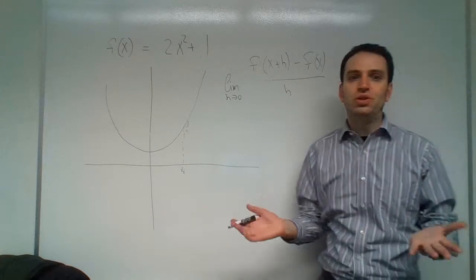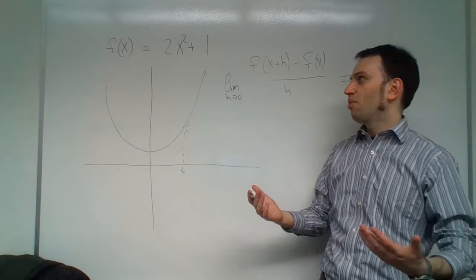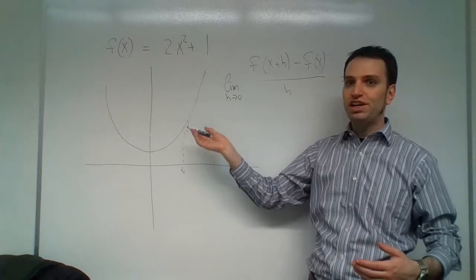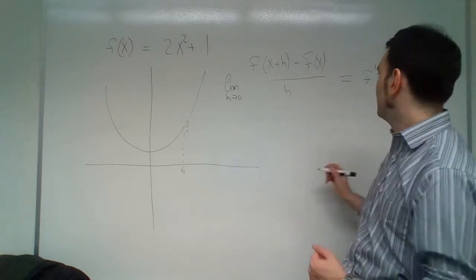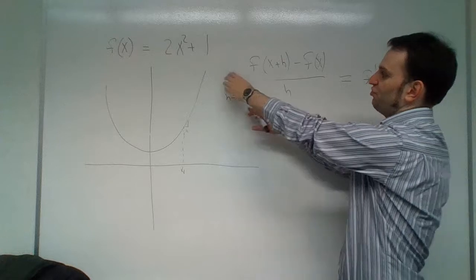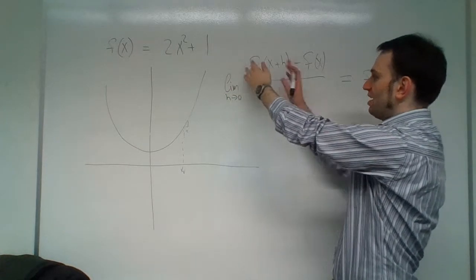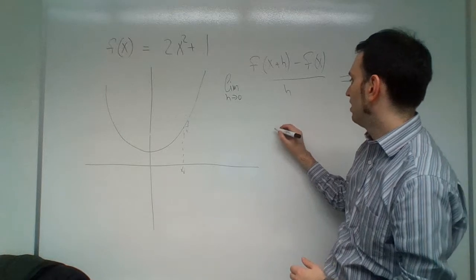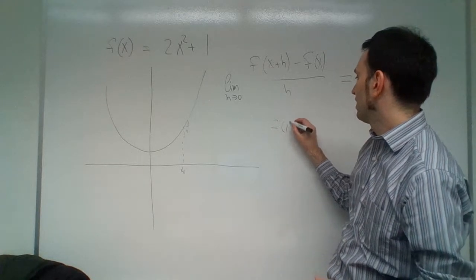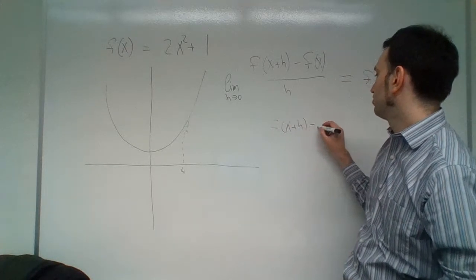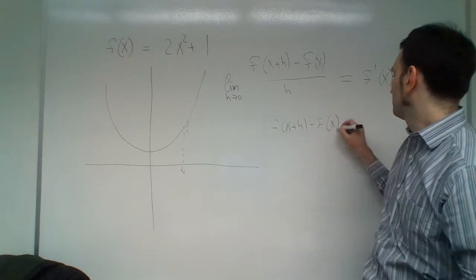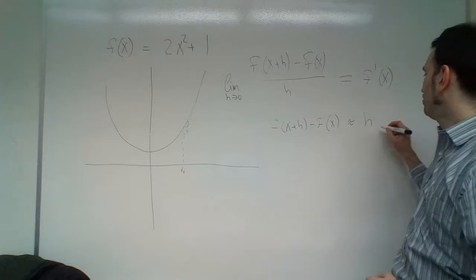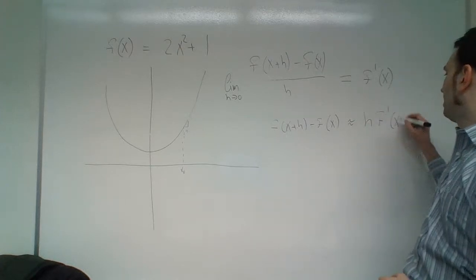Now, to get back to our original question: you change x by a little bit, how much is y going to change? Well, the answer is, if you just ignore the limit here and say h is small enough, then f of x plus h minus f of x is going to be approximately equal to h times f prime of x.